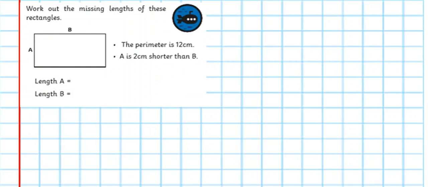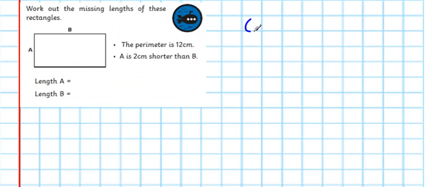So, what we're going to do here is we're going to work out the missing lengths of these rectangles, okay? So remember, you've got two sides here that are the same length and two sides here that are the same length. So the perimeter is 12 centimetres and A is 2 centimetres shorter than B, okay?